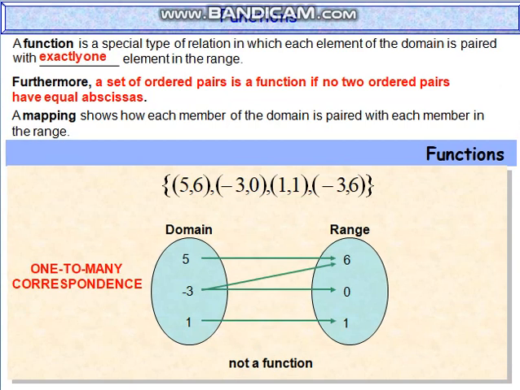Next one is one to many. Next example, the sets are 5, 6, -3, 0, 1, 1 and -3, 6.